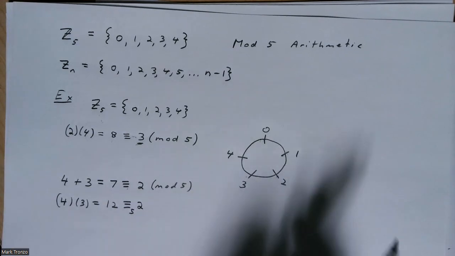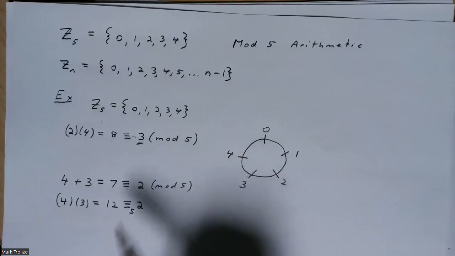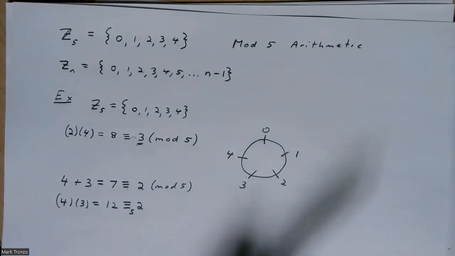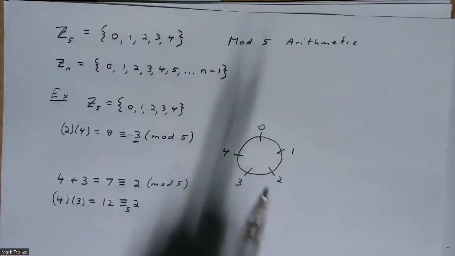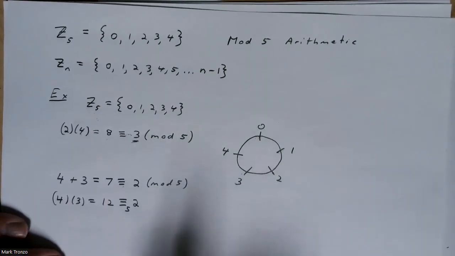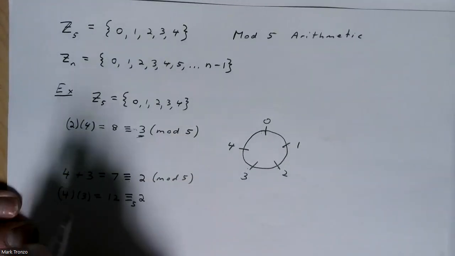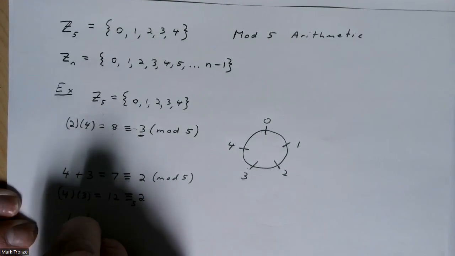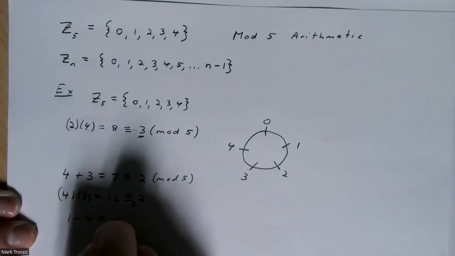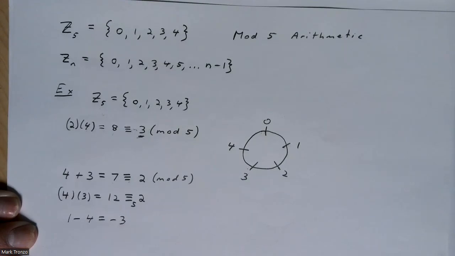And as I mentioned before, if you get a negative number, you have to add the modulus to it. Now, in this case here, there's no negative, so we won't have to. Though, of course, you could subtract in some cases, depending on what you're doing. So if you have 1 minus 4, that's equal to minus 3.